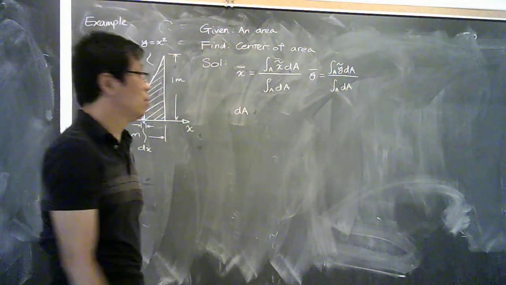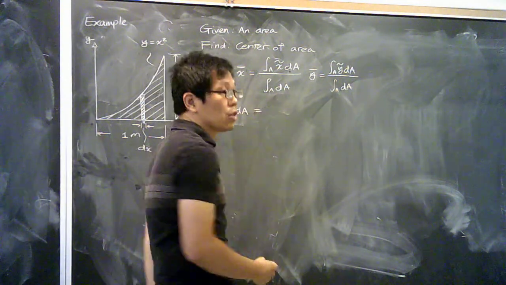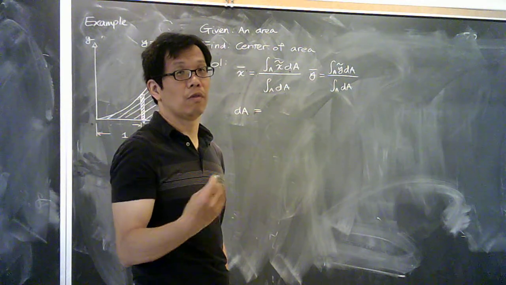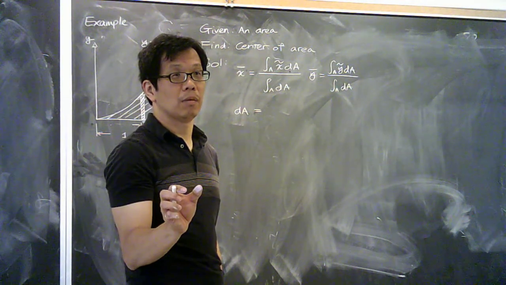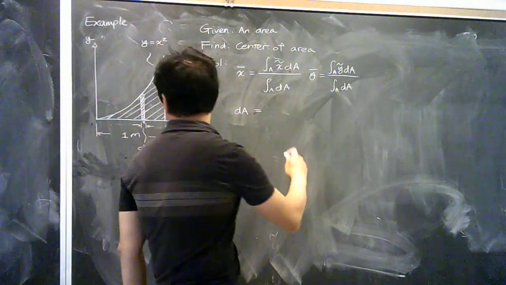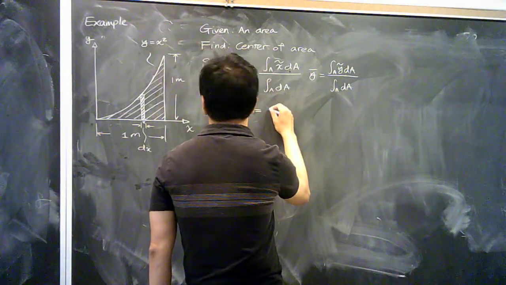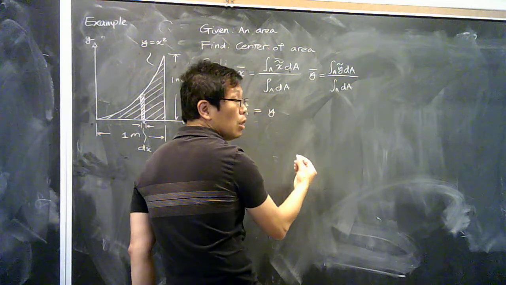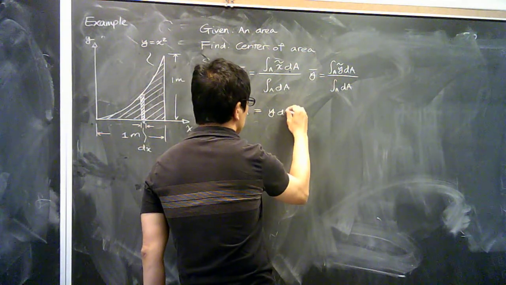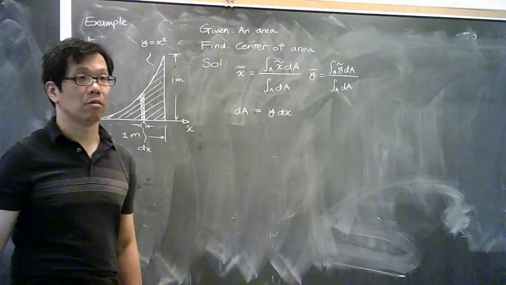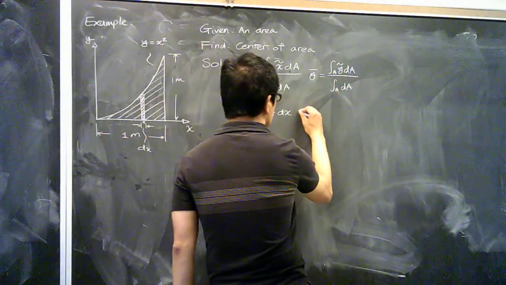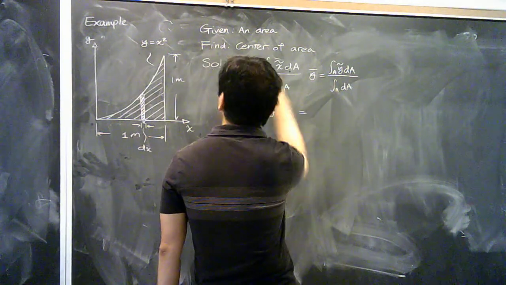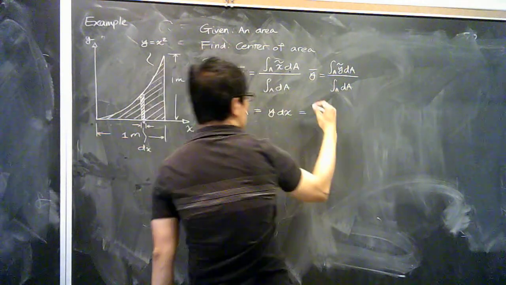So what is the A? In this case, what is the definition of an area for a rectangle? Bottom multiplied by height. The height here is y, and the bottom over here is dx. Everybody agree with me? And y in this case is x squared.